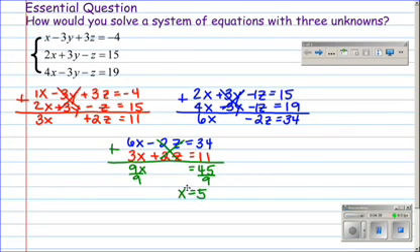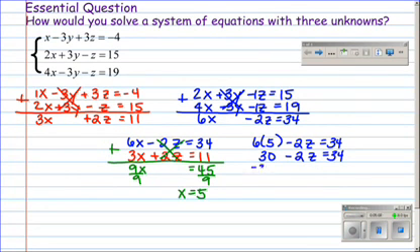Since we know that x equals 5, let's go back to this red and blue equation and choose either one of those. Let's choose the one in blue, and replace the letter x with the number 5. So that would be 6 times 5 minus 2z equals 34, so 30 minus 2z equals 34.